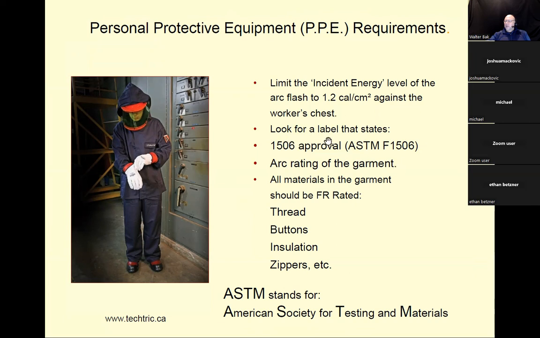Look for a label that states 1506 approval, ASTM. ASTM stands for American Society for Testing Materials. Look for those labels: the arc rating of the garment. So the garment should be rated at an arc rating.